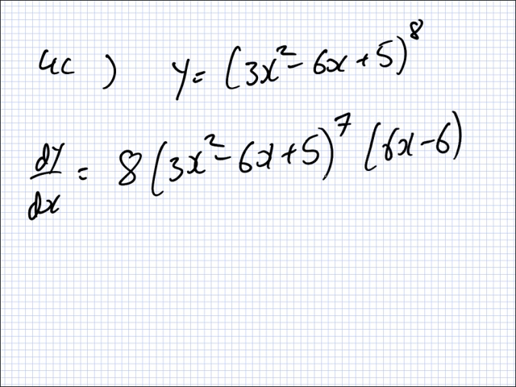And then they say when x equals 1. So when x equals 1, this will be 0. Did you get 0? It's obviously 0 because you have 6 minus 6. 0 in total. It's not too bad.